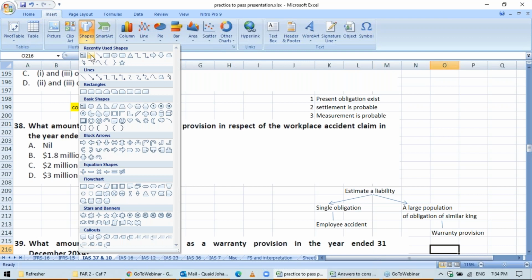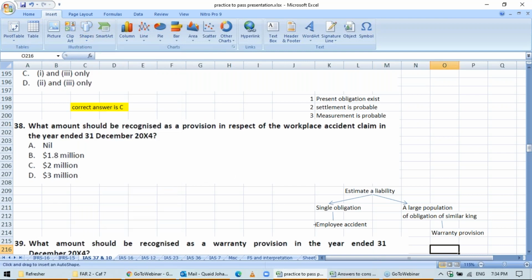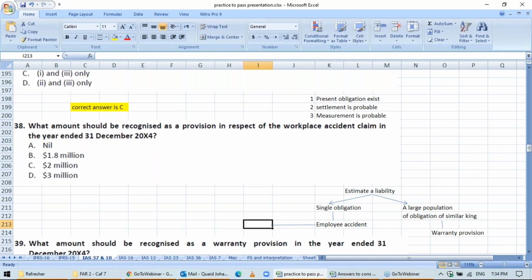In case of employee accident, the liability that will be recognized will be the most likely amount. Most likely means the amount with the highest probability.